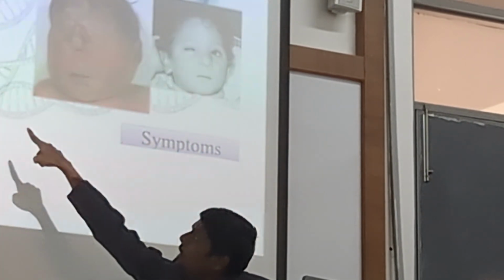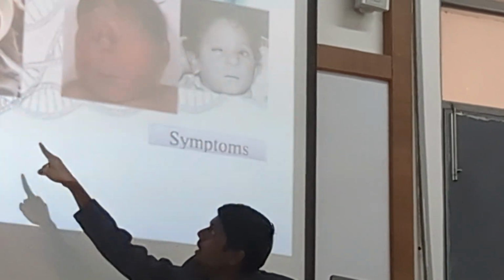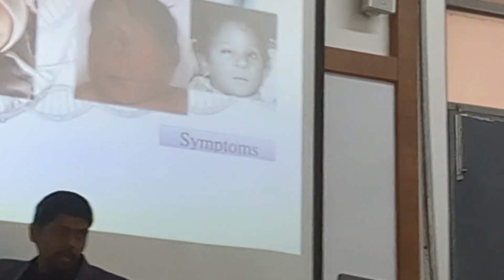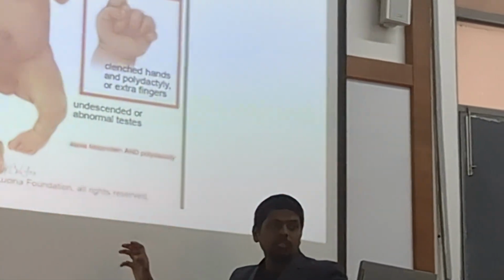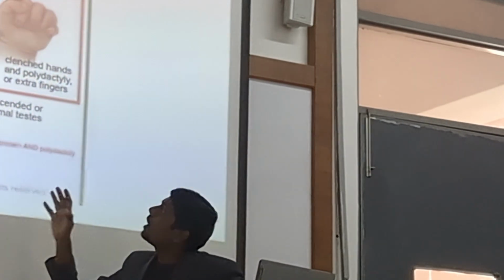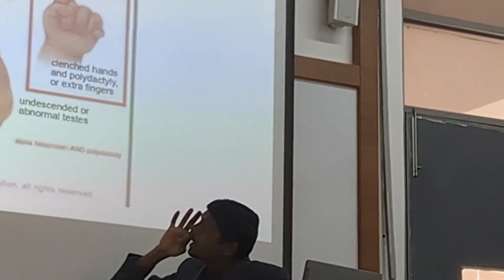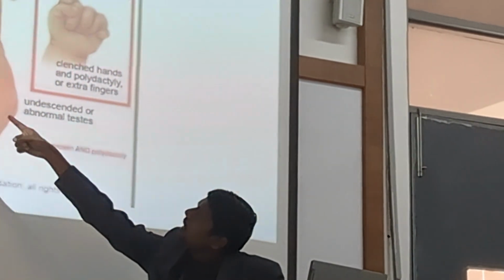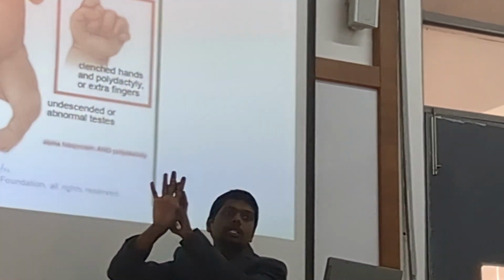Sometimes the baby might look normal, but still they will have internal organ problems. Let me go to the next slide. These are the features of Patau syndrome. There will be heart, kidney, and CNS malformations, and polydactyly, meaning multiple fingers.